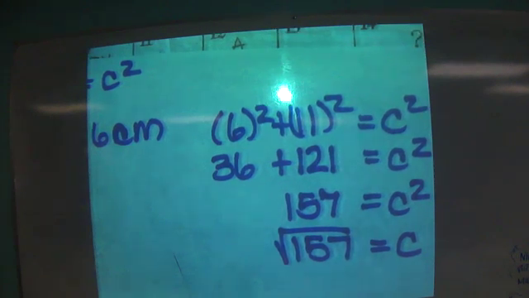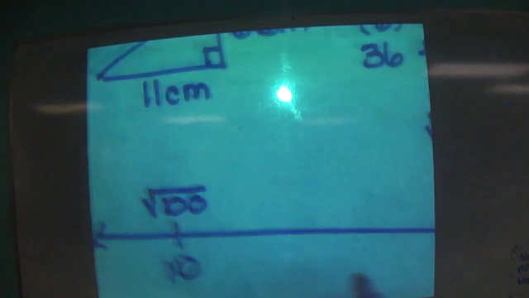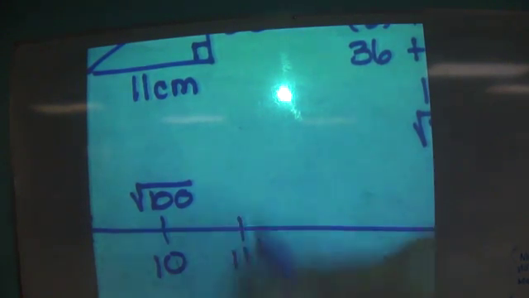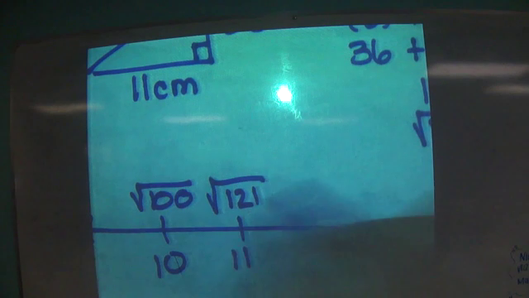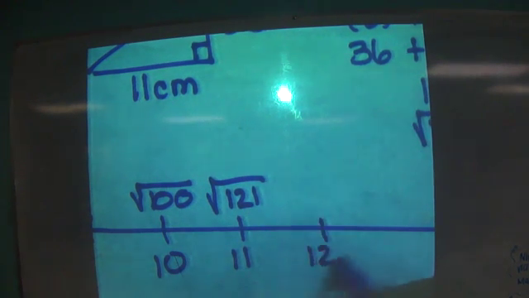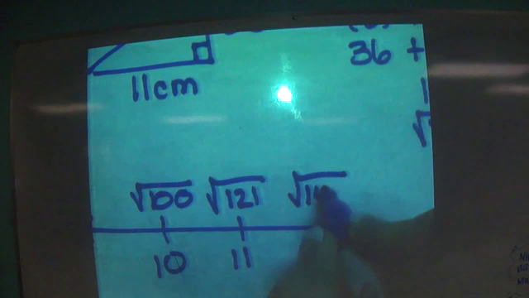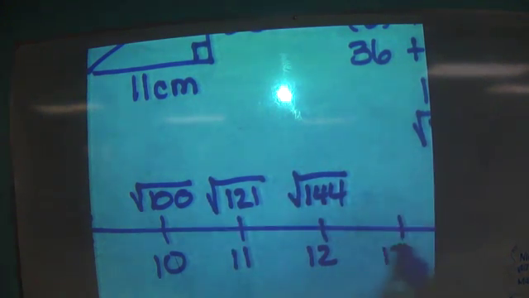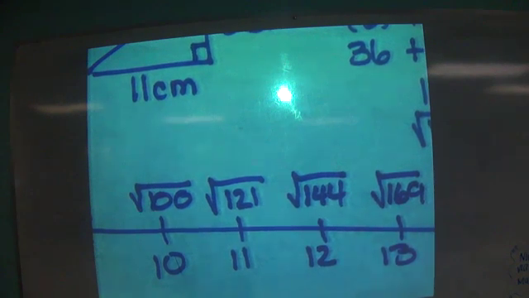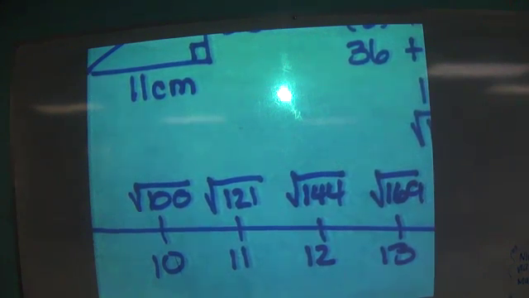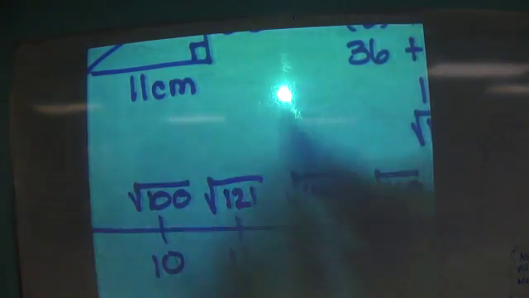We know the square root of 100 is 10. 11 is the square root of 121. 12 is the square root of 144. 13 is the square root of 169. So we know the square root of 157 is between 12 and 13.